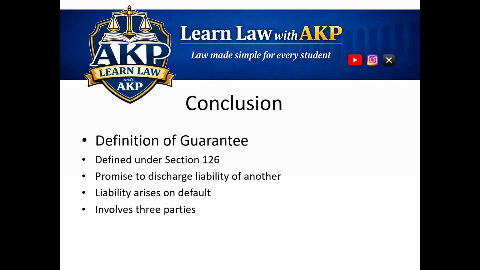It arises only when the debtor fails. We also understood this clearly through the case of Birkmyr versus Darnell. So, this definition is the foundation of all guarantee concepts. In your exams, always remember definition, explanation, example, and case law.